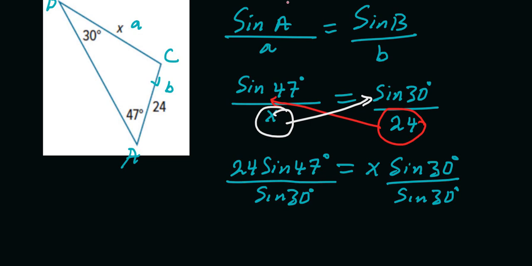So now sine 30 degrees is going to cancel out sine 30 degrees. And now we can focus on this. So let's use the calculator to generate this value.